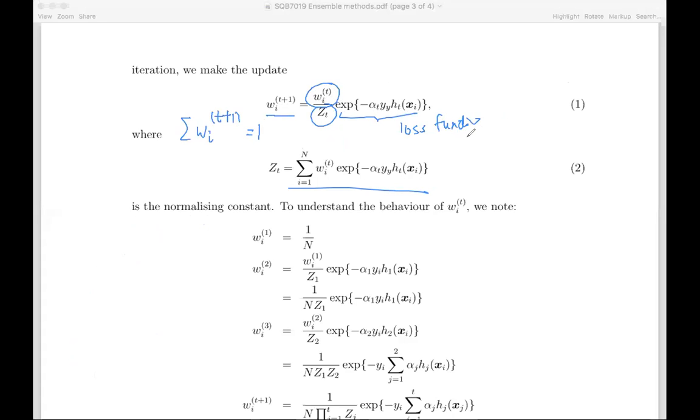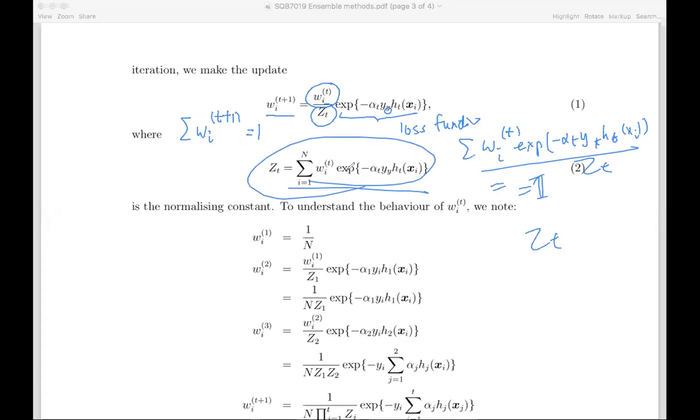So when you sum, you get the summation of w_i^t times the exponential term, divided by Z_t, equals 1. So your Z_t is equal to this thing, the normalizing constant, which makes the sum go to 1. Here you see that this is the weighted loss function.